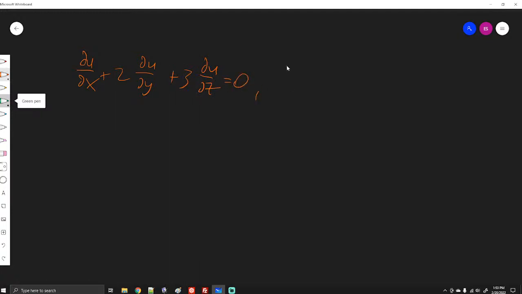And u also satisfies 2 partial of u partial of x plus 3 partial of u partial of y plus 4 partial of u partial of z equals 0. And u is a three-dimensional function of x, y, and z. So I want to know what function satisfies these two PDEs here.